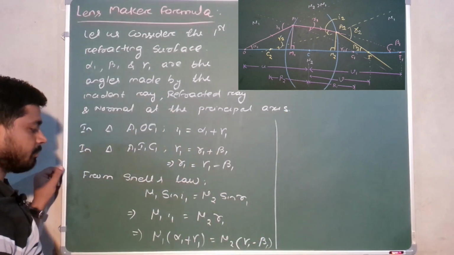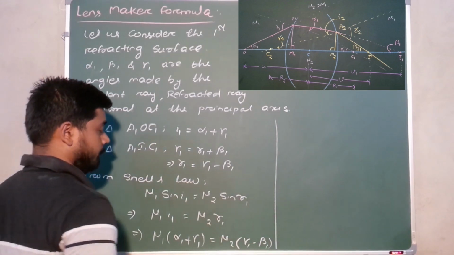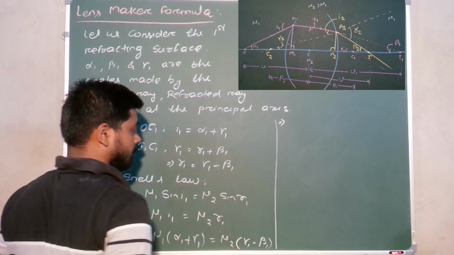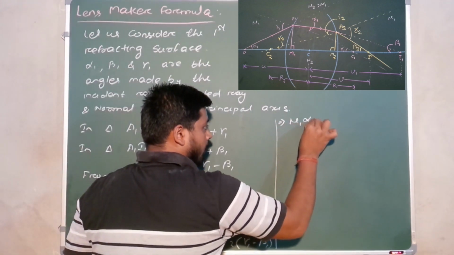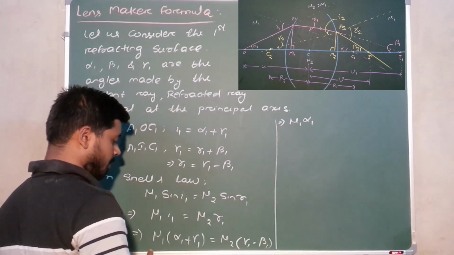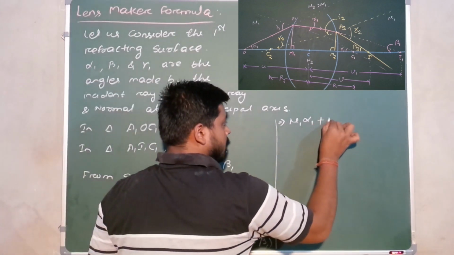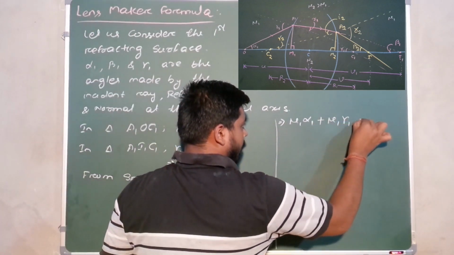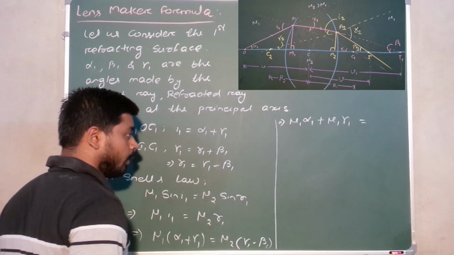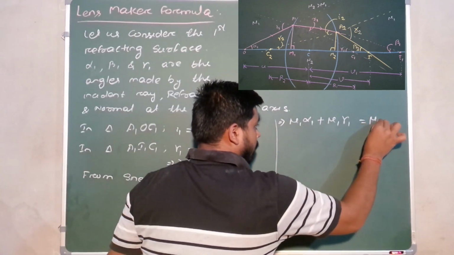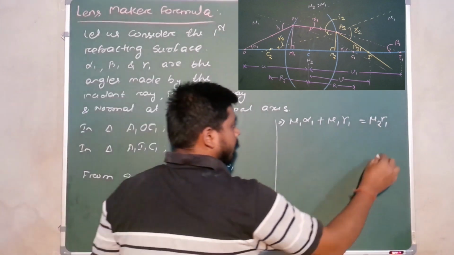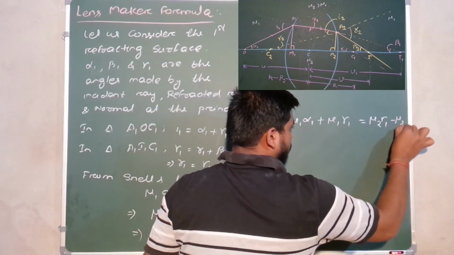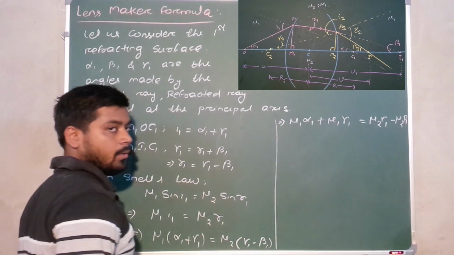Then open the bracket now. Then mu 1 alpha 1 plus mu 1 gamma 1 equal to mu 2 gamma 1 minus mu 2 beta 1. Yes or no?